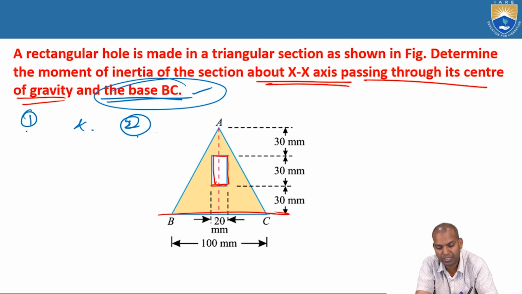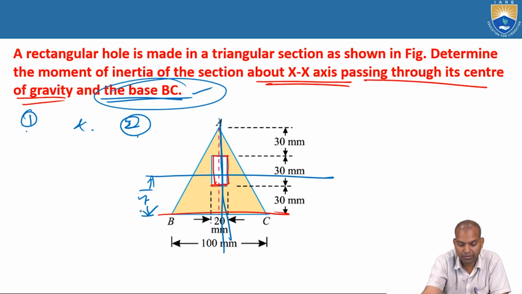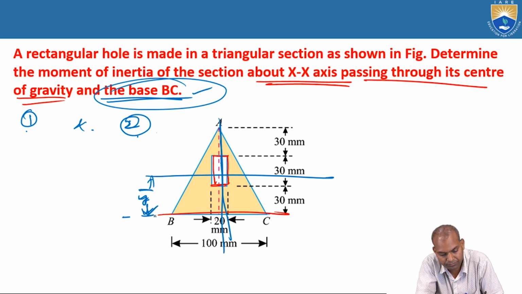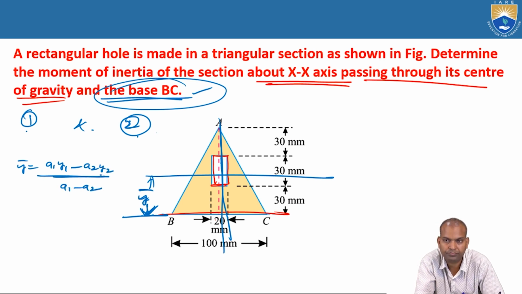It is symmetrical about the y-axis, the vertical axis, but for that we need another axis, the horizontal one. The location of the horizontal axis comes from bar y, which we calculated here, using bar y equals (A1 y1 minus A2 y2) by (A1 minus A2).